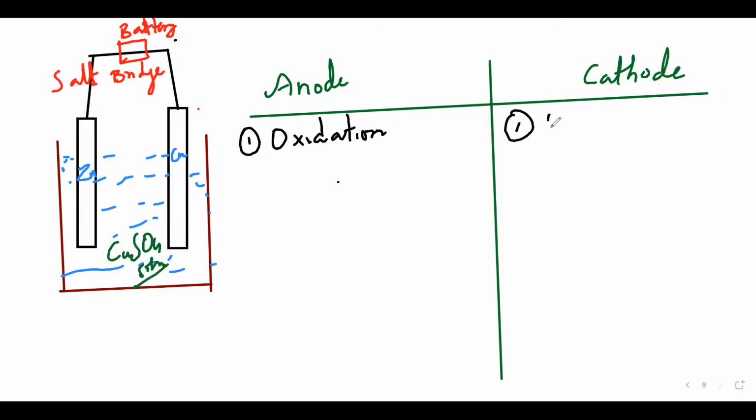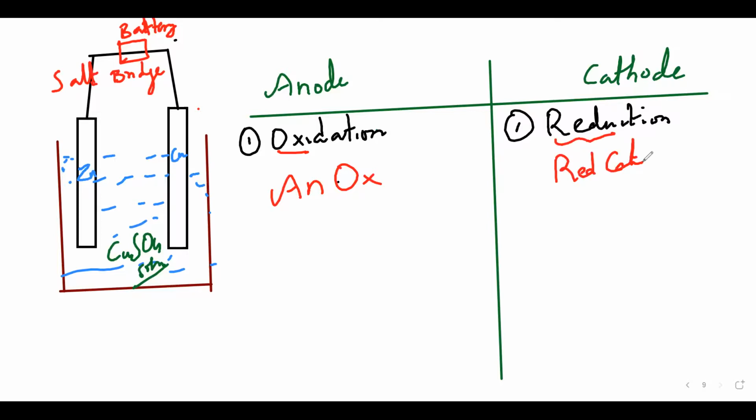Cathode is the place where reduction happens. How to remember anode and cathode? What is the definition of anode? That also I'll tell you. Anode: an, and this is ox, an-ox. This is the red cat. Reduction, cathode. Anode, oxidation. This is a way to remember things.